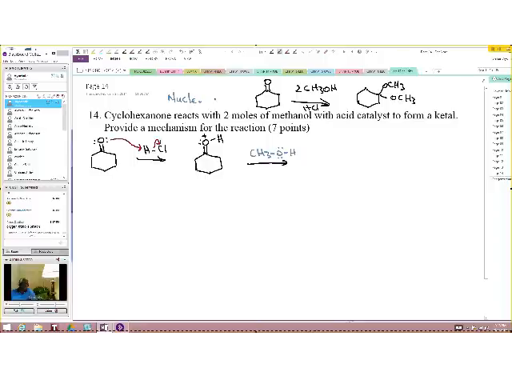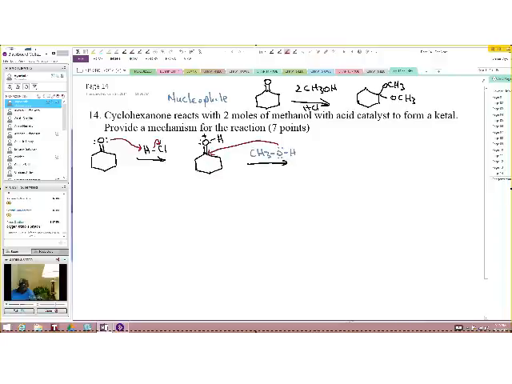The reason we protonate this oxygen is to make this carbon very electrophilic, because the electrons want to go to oxygen, making this carbon very positive. That is why we generally do this reaction under acid catalysis.